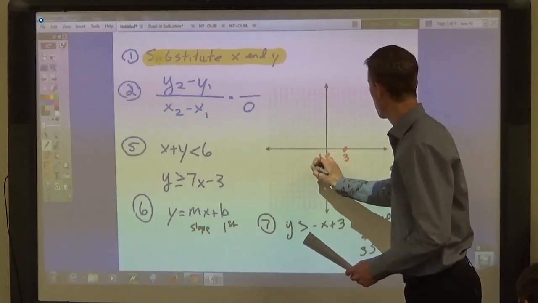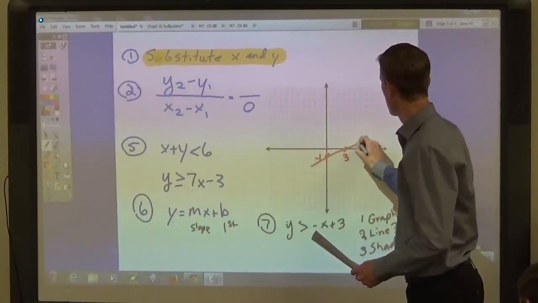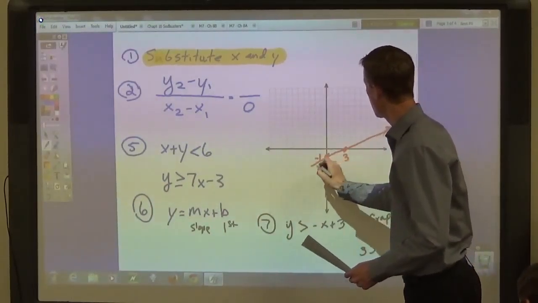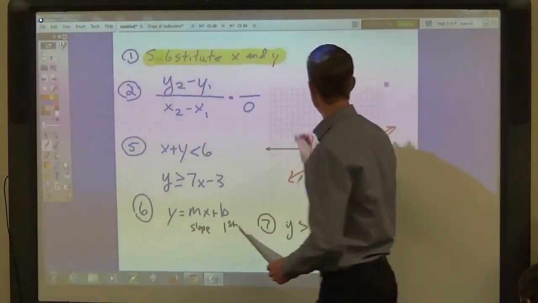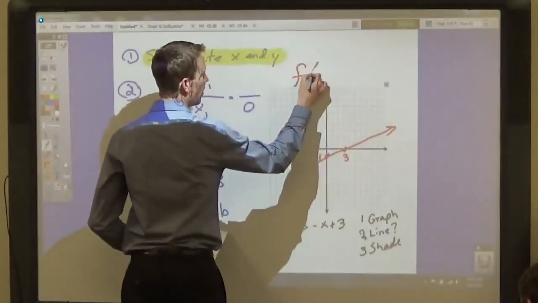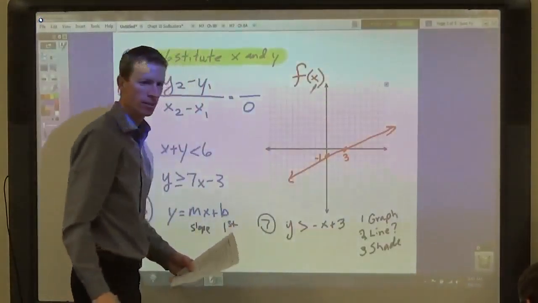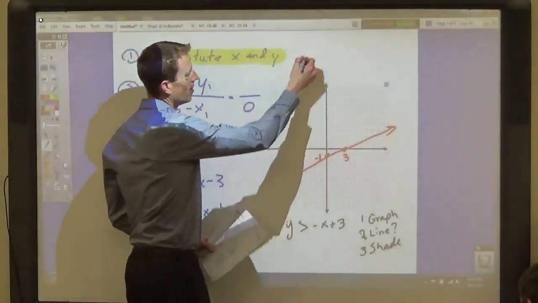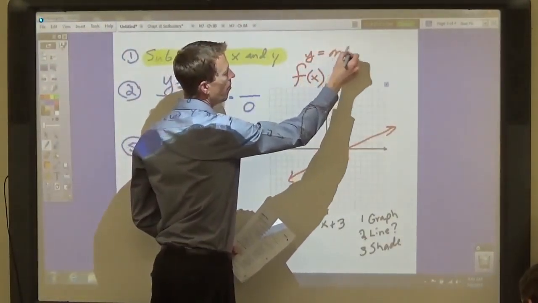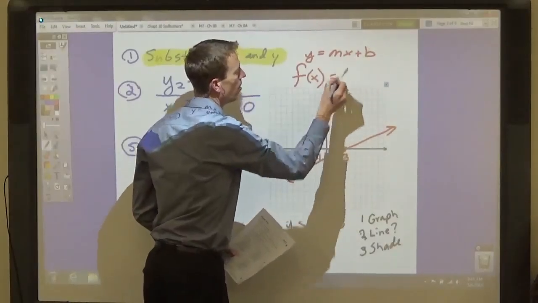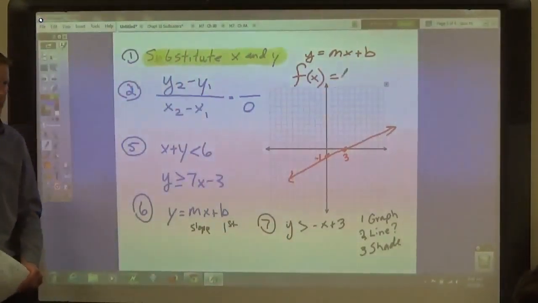Can we find the slope? Can we find the y-intercept? Can we write that as a function instead of using y? So instead of y equals mx plus b, we could write it this way for number 9.